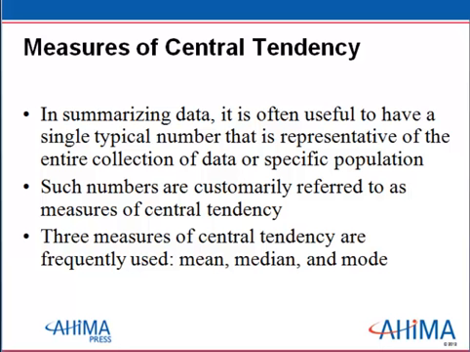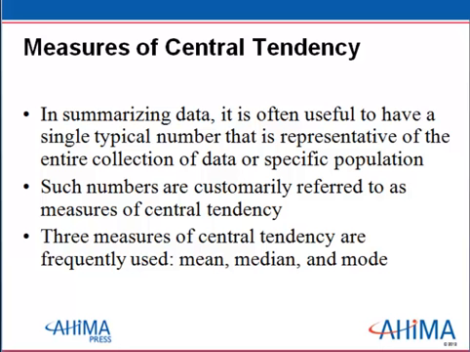In summarizing data, it's often useful to have a single number that is representative of the entire collection of data or specific population. Such numbers are customarily referred to as measures of central tendency. A common measure of central tendency is average or mean.